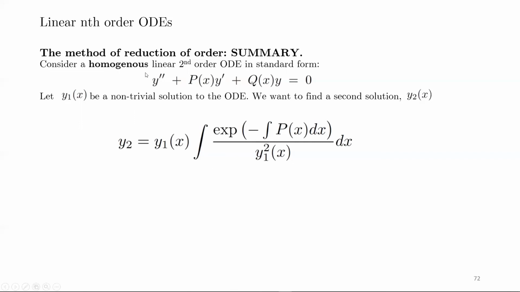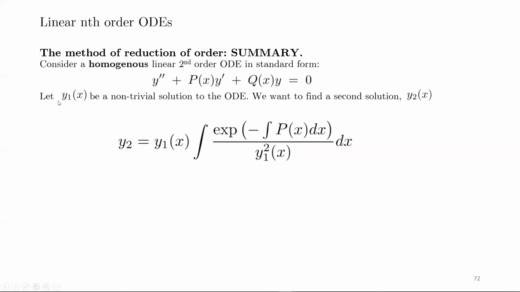If we have a homogeneous linear second order ODE in the standard form, and we're told that y1 is a non-trivial solution to the ODE, somebody gives me a solution to this ODE, then I can always find a second linearly independent solution by calculating, or defining, y2 as so.